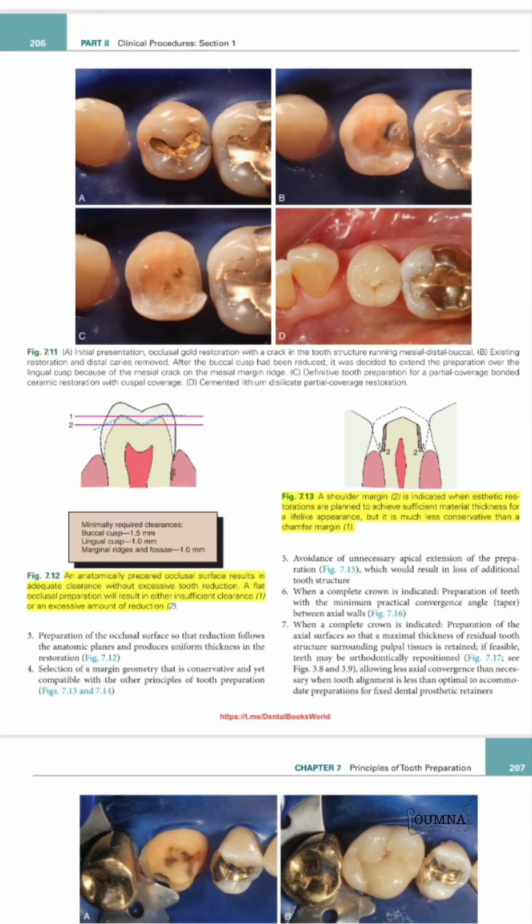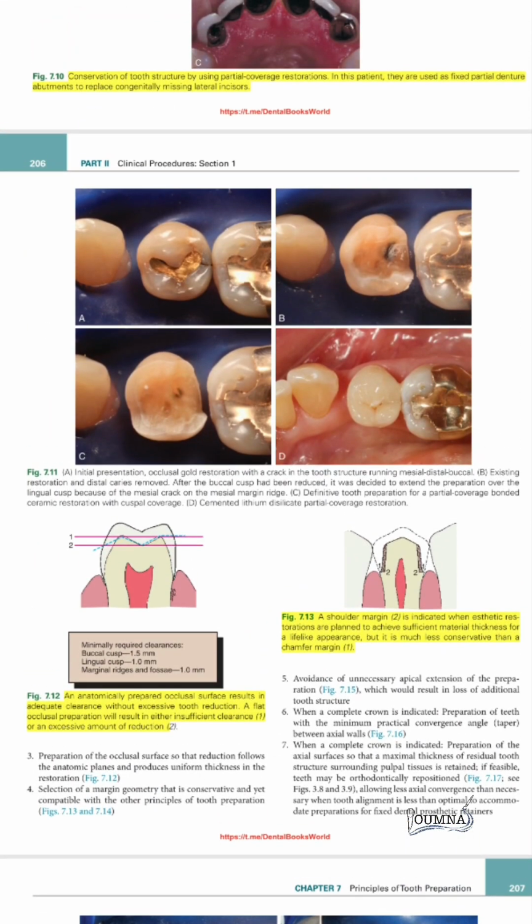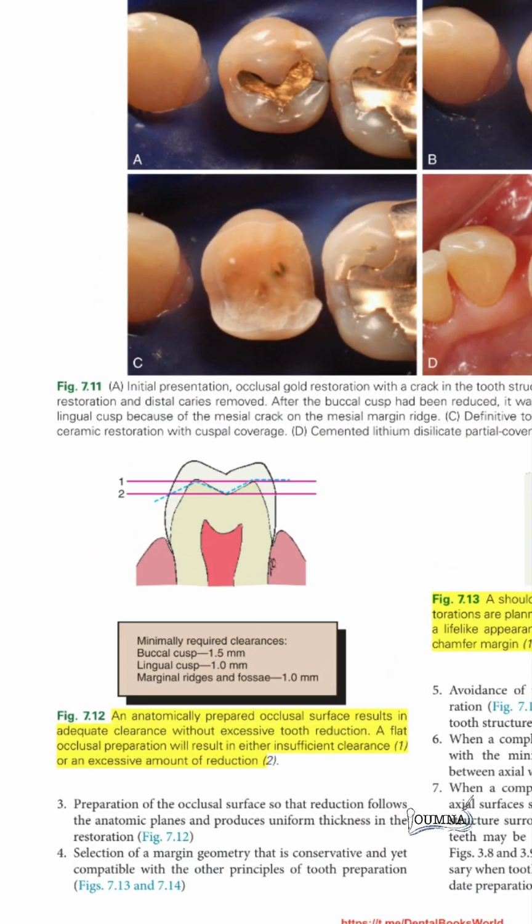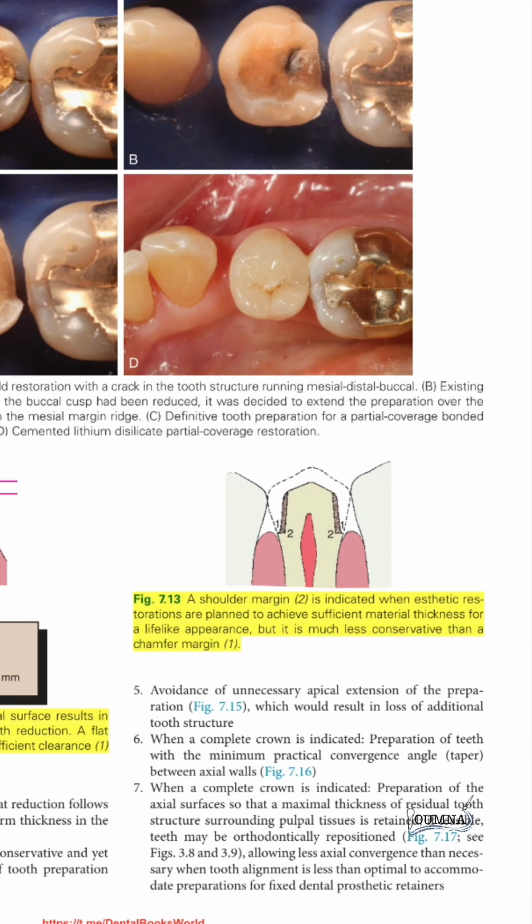When we do an incisal reduction during the preparation, we must maintain the occlusal anatomic shape of the teeth, because a flat occlusal preparation will result in either insufficient clearance or an excessive amount of reduction. So we reduce the buccal cusp by 1.5 millimeters and the lingual cusp by 1 millimeter.